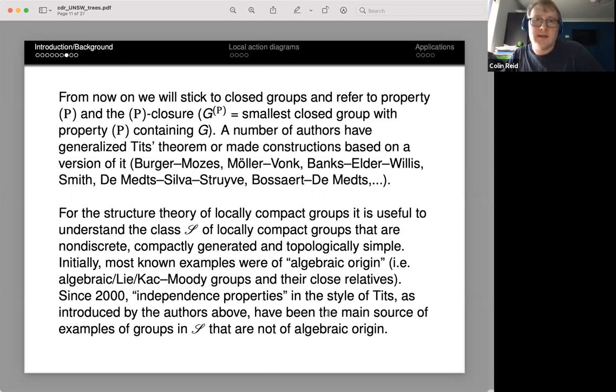But in practice, basically all the constructions we have of those are acting as almost automorphisms of trees, and the underlying tree structure still has this independence property. So even those examples are effectively building on this independence property to produce a non-discrete locally compact group.